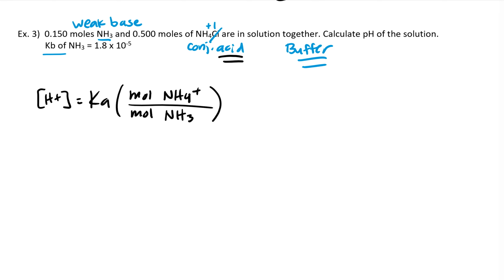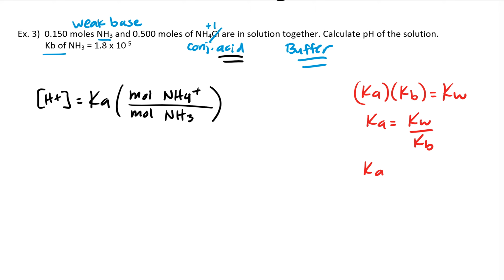So off here to the side, I know that Ka times Kb equals Kw. And Kw is a constant, 1 times 10 to the negative 14. So if I need to solve for Ka, it would have to be Kw over Kb. And now I can plug in the Kw value, and that value is given to you on your equation sheet, 1 times 10 to the negative 14, divided by the given Kb value, 1.8 times 10 to the negative 5.